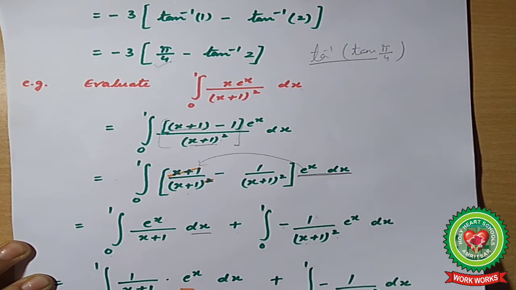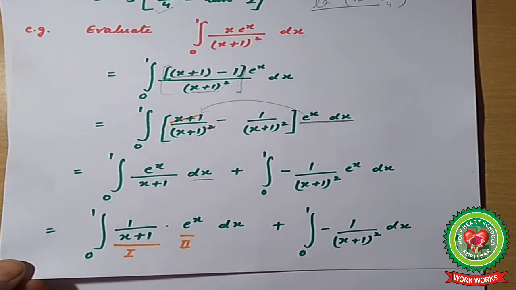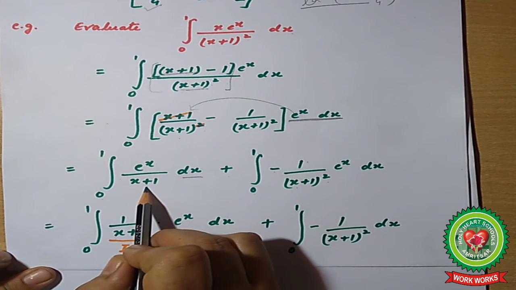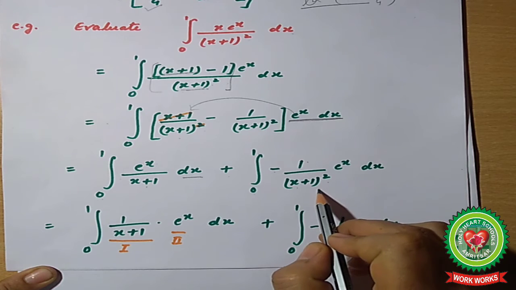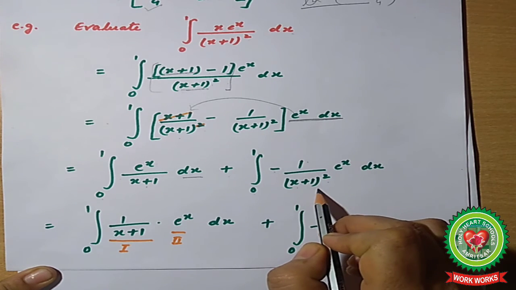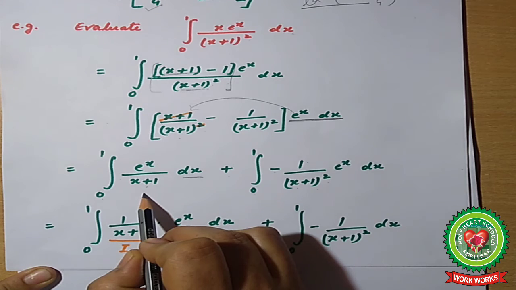Now, here we will find out that in this integration, we can apply the simple by parts method because this integration is the differentiation of this function. When we solve this value, we will find out that.